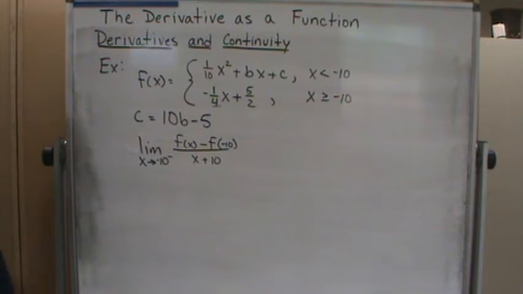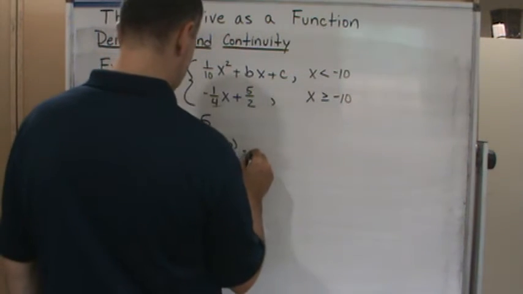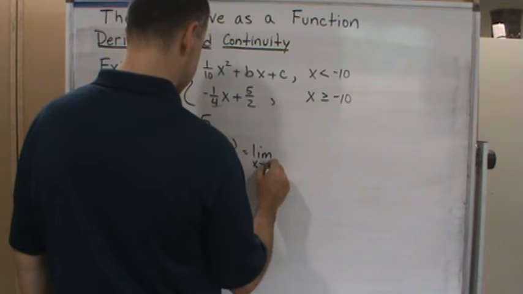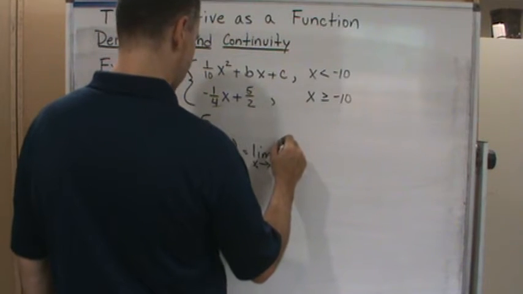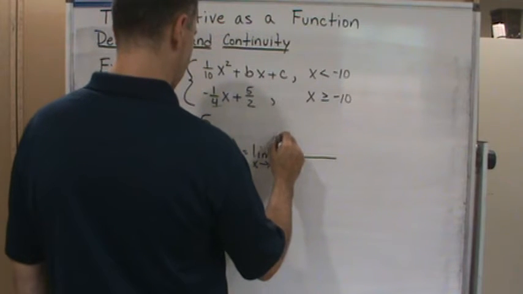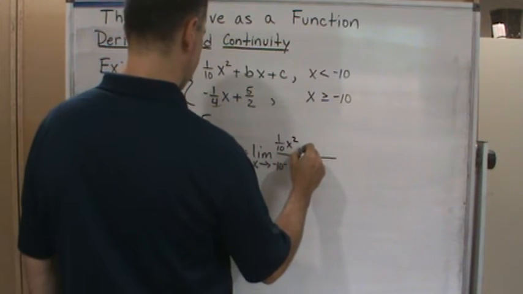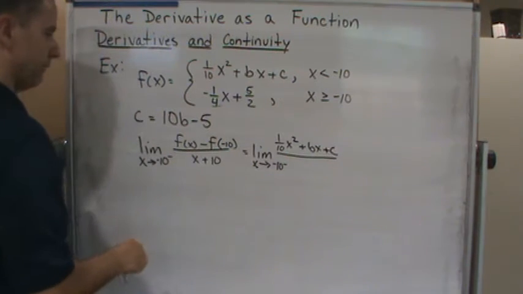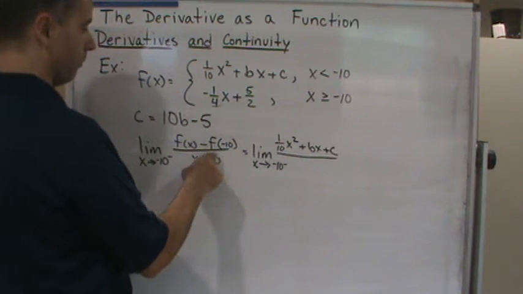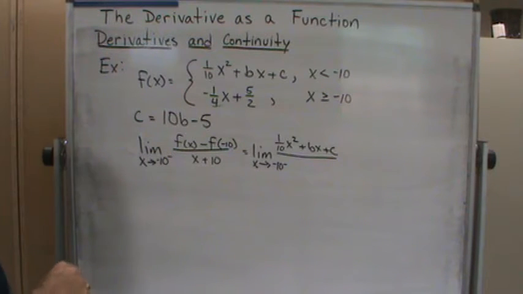And so now, since we're going from the left, we're going to use the top one. So this is going to be the limit as x approaches negative 10 from the left of 1/10 x squared plus bx plus c minus f of negative 10, which is equal to 5, right?